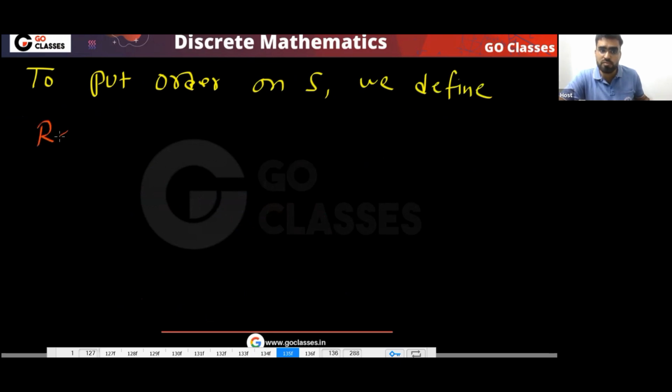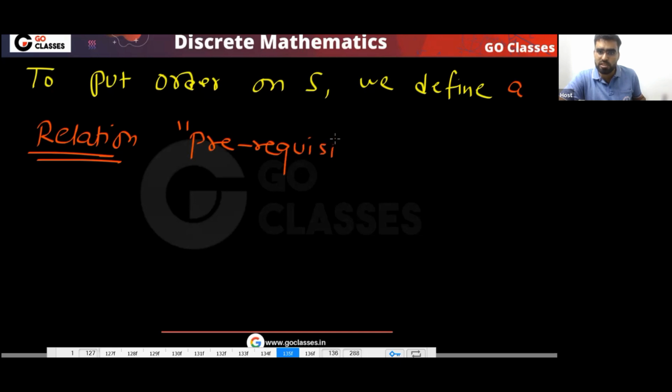This relation concept is very important. We use a relation to put order on set S. So to put order on set S, we define a relation, and we call it the prerequisite relation. In this relation R, I am saying that X is related to Y if and only if X is a prerequisite of Y. Is this clear to everyone?